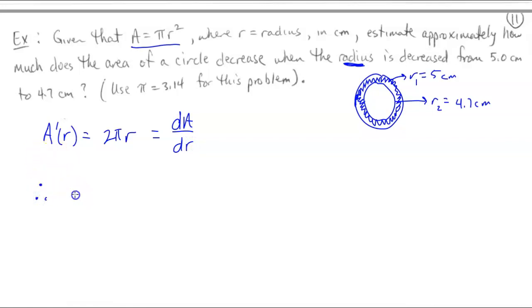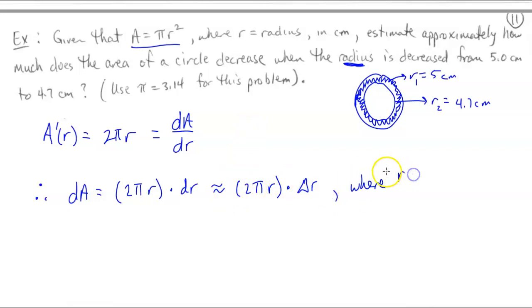So therefore, if we want to express this in differential form, it would look like this. And this is going to be approximately equal to 2 pi r times change in r, okay?